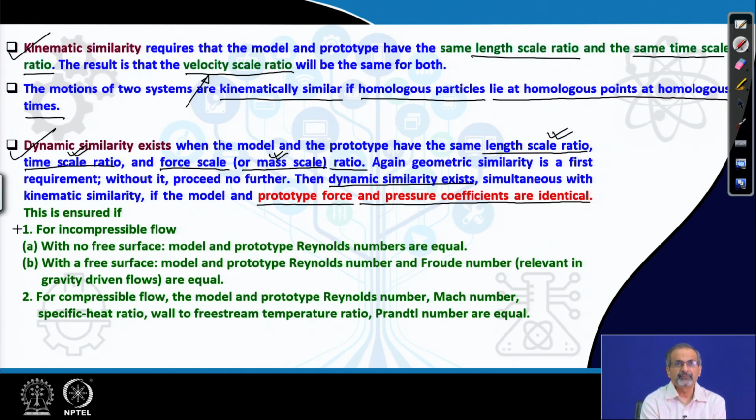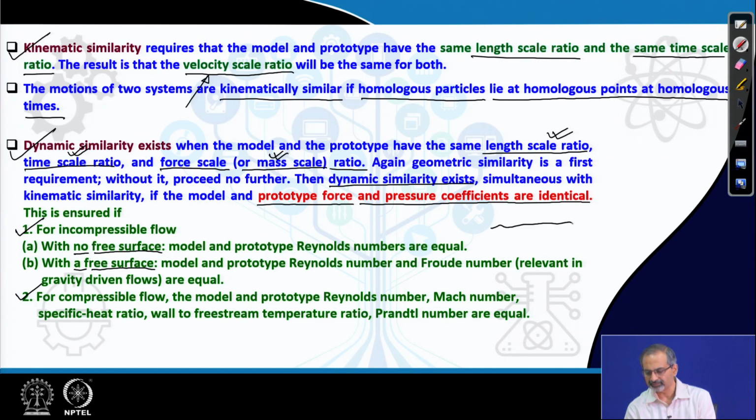Let us see a few more aspects of dynamic similarity to get the concepts more firmly set in our minds. For that, we will divide the flow regimes into incompressible flow and compressible flow, and in incompressible flow we will further divide them into flows which have no free surface and flows which have a free surface. What do we mean by a free surface?